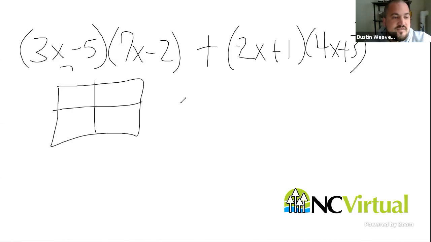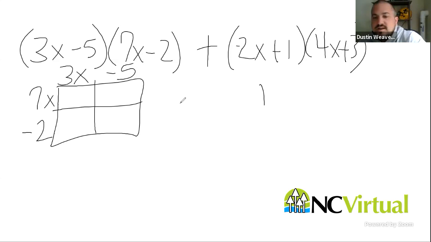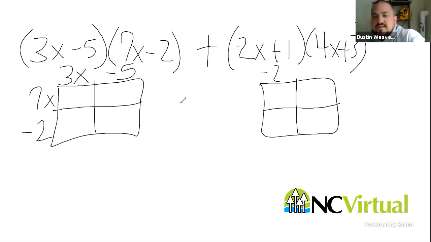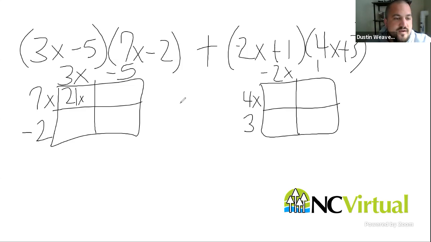So if you make a box, you've got 3x, you've got negative 5, you've got 7x, you've got negative 2. Over here, you've got negative 2x, you've got a positive 1, you've got 4x, and you've got a positive 3. So we're going to multiply. So we have 21x squared, we have negative 35x, we have negative 6x, and we have positive 10.